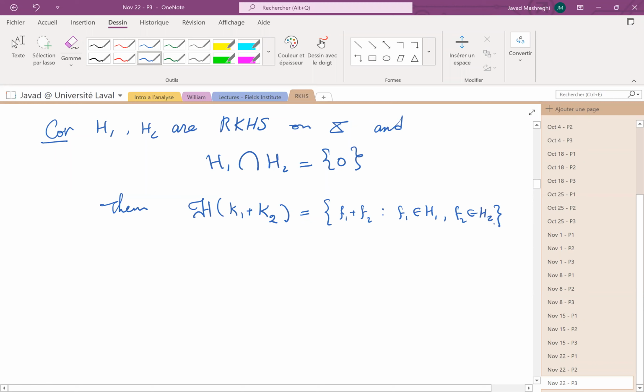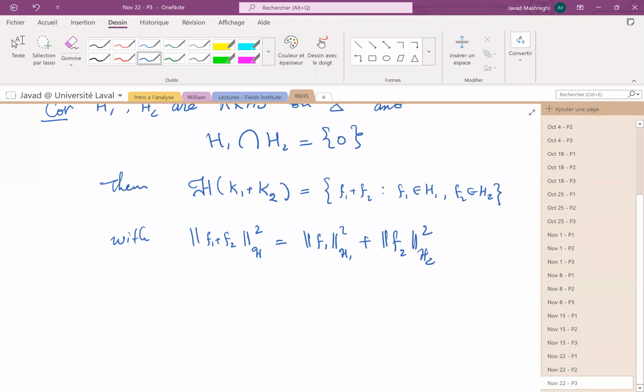We know this, but moreover, in this case, the norm of f1 plus f2 in H squared is just the norm of f1 in H1 squared plus the norm of f2 in H2 squared, because there is just one representation. It is true that we should take the minimum, but there's just one of them.